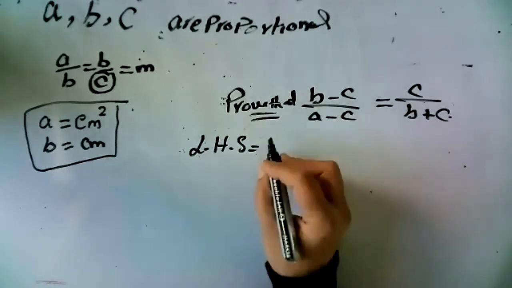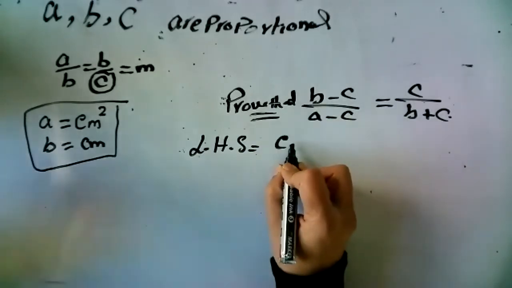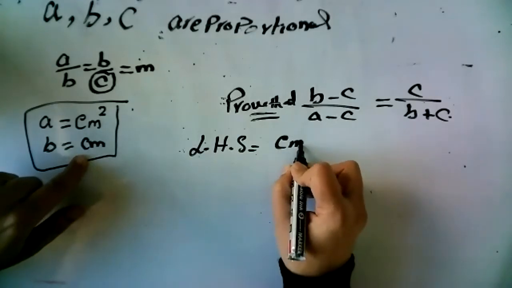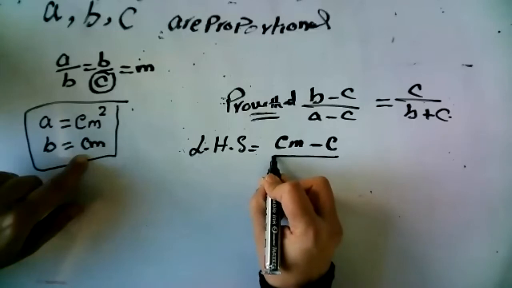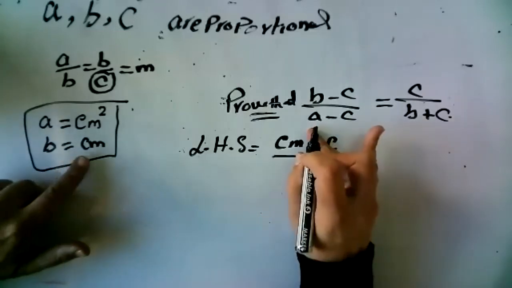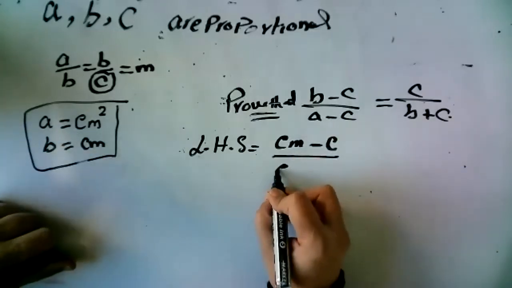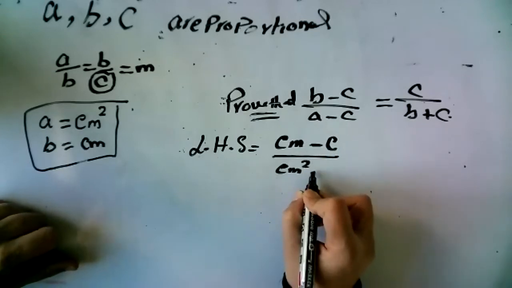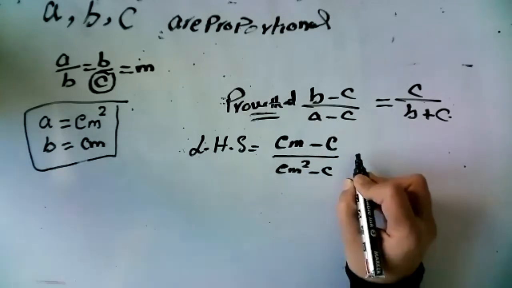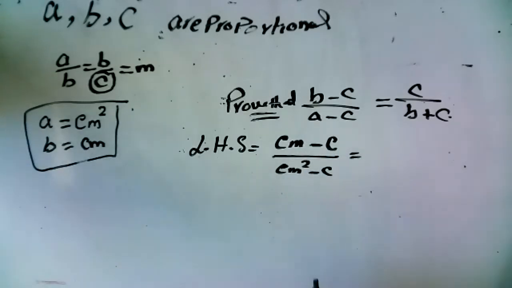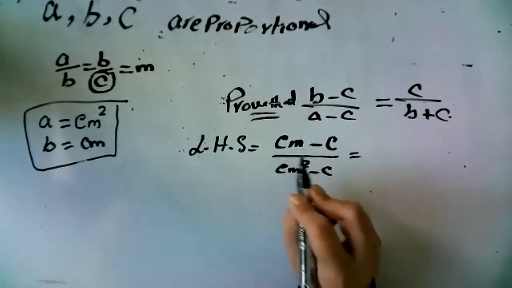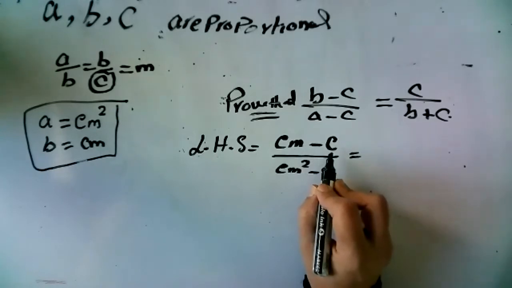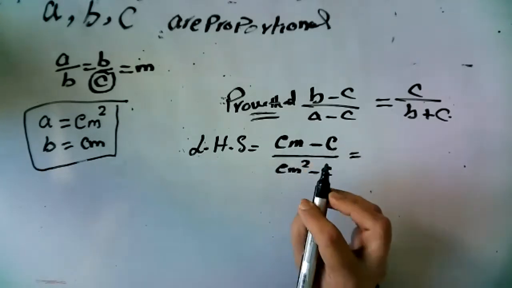Left-hand side, B is Cm minus C over A, Cm power 2 minus C. Take C, the highest common factor, from the upper term.